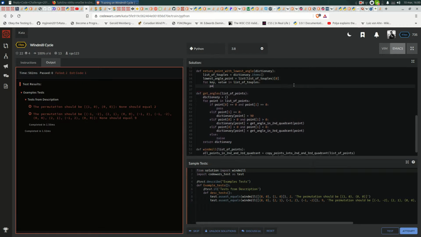And we say, so then we say if value, because value is our degrees, if value is lower than lowest angle point.